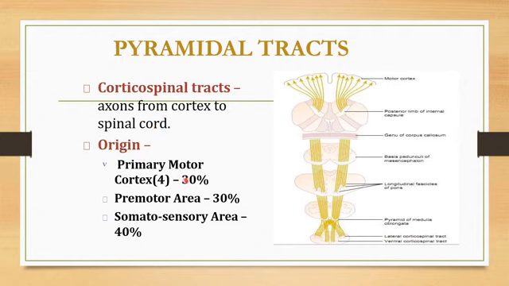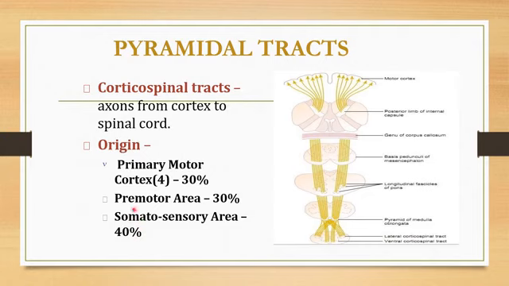The origin is from the primary motor cortex 30%, premotor area 30%, and somatosensory area 40%. So some part, 40%, is also arising from the sensory cortex.